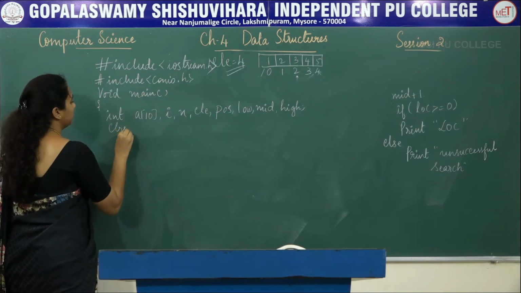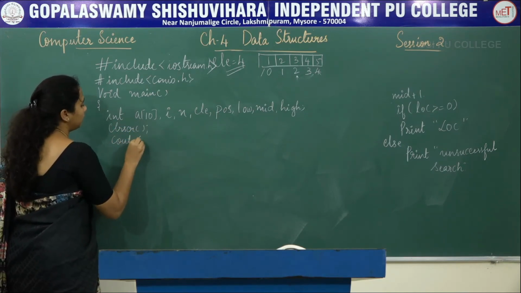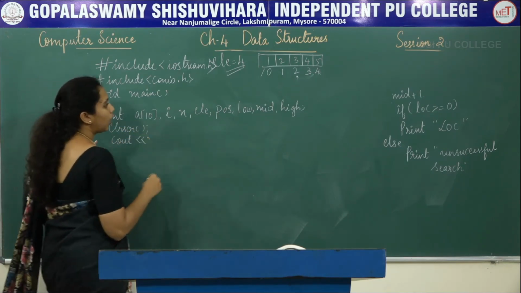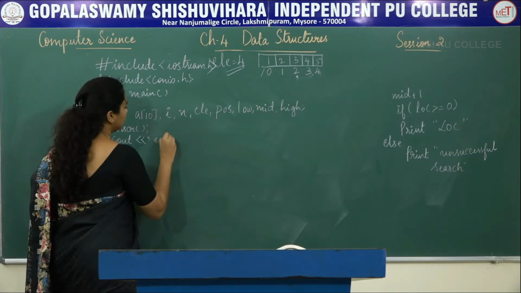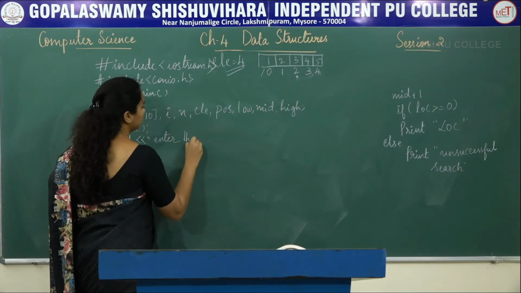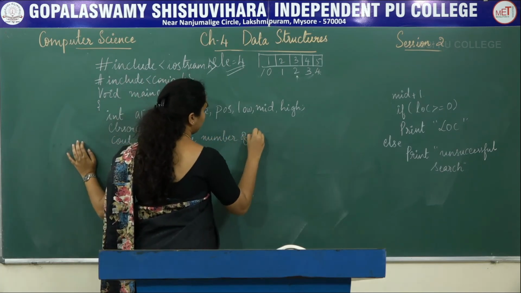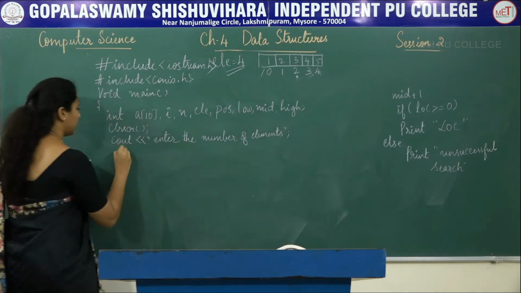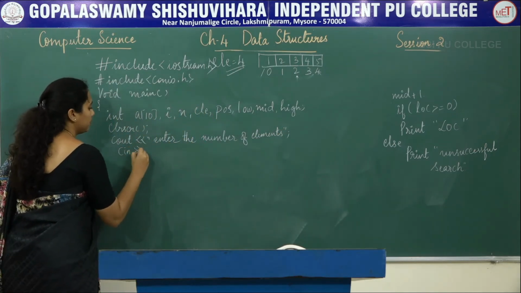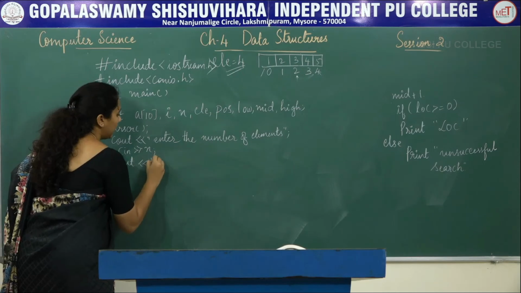Next, what we have to do? We have to enter how many elements we require to store in an array. So enter the number of elements. Cin n. So next, enter the array elements.